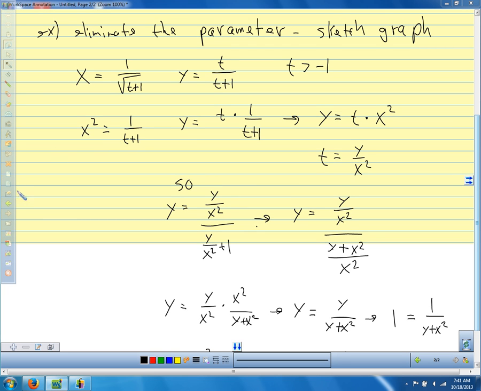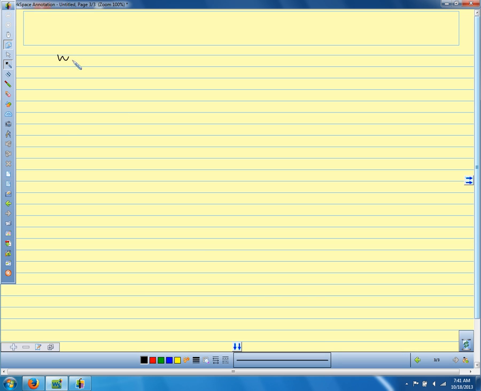Okay? So what did we have? x squared equals 1 over t plus 1. And we have y equals t over t plus 1. So we're going to solve this for t.